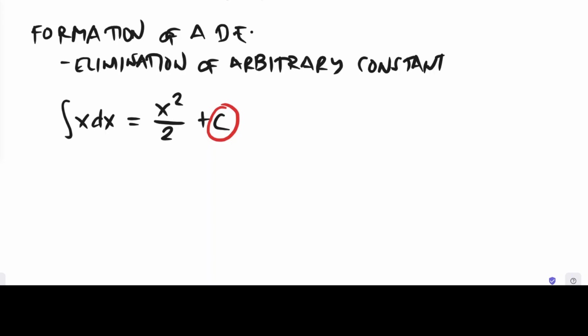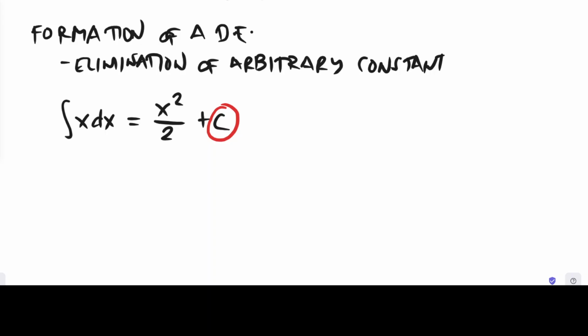So for us to create the differential equation, we need to eliminate these arbitrary constants. In an equation, there are constants which are not produced by the integration process. Those need not be eliminated.